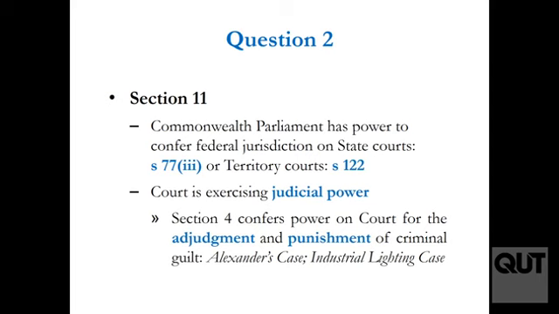What it's doing is it's setting out criteria that must be met for when a person has committed an offence, and it confers power on the court to adjudge and punish criminal guilt. So that is essentially judicial in nature. And the authority for that is Alexander's case and the Industrial Lighting case. So again, there's not a live issue in dispute there. That's clearly an exercise of judicial power.